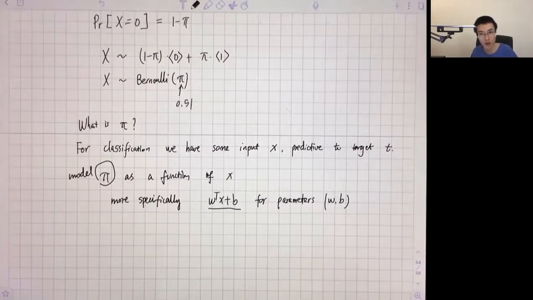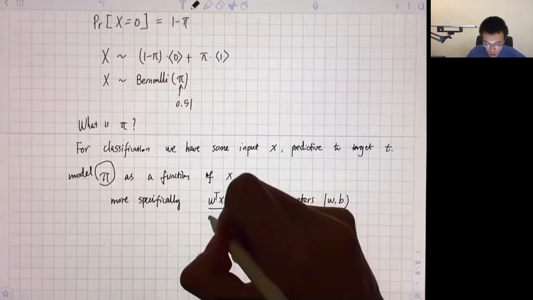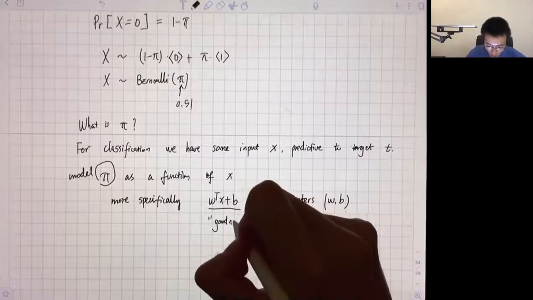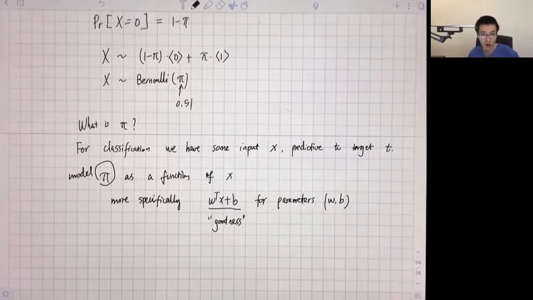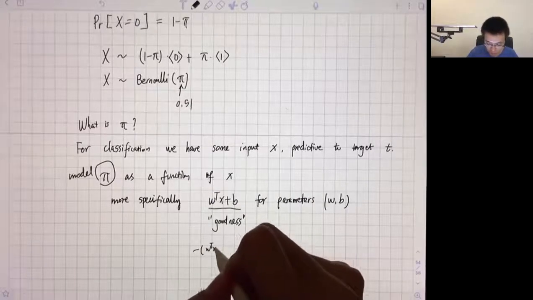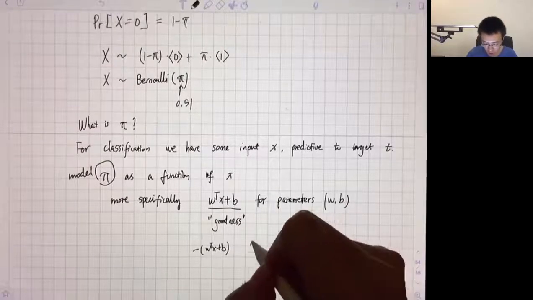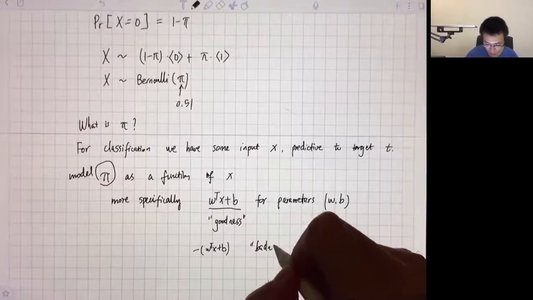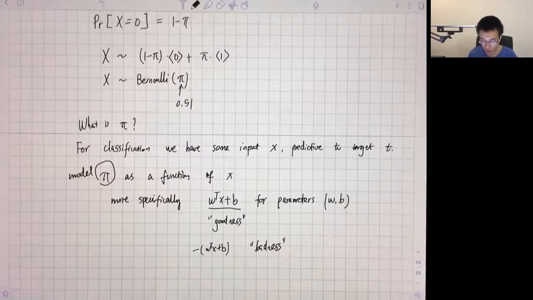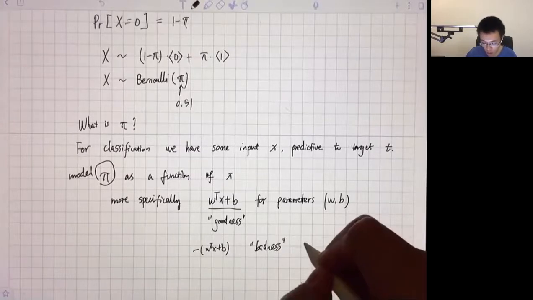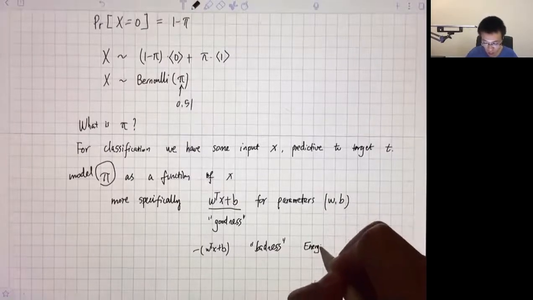And it gives you some goodness. You can think of it as the goodness of your sample, or with a minus sign, you can think of it as a badness. In physics, they have a particular name called energy. Basically, if you have energy, it's a bad thing.